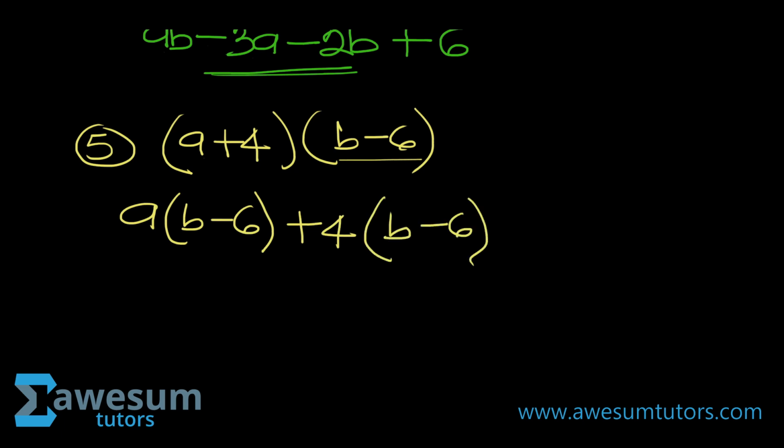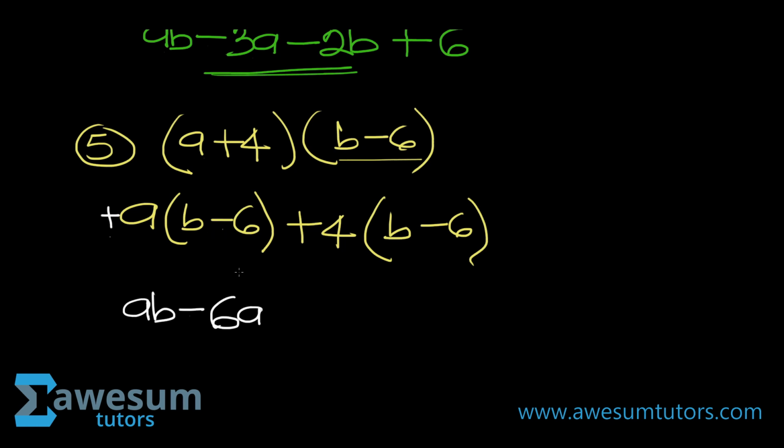I hope you guys are getting this concept. So now I'm going to multiply out. A times b, we know that is ab. That's pretty easy. A times negative 6 is going to give you negative 6a. How did we get that again? A means positive a. Positive times negative is negative.